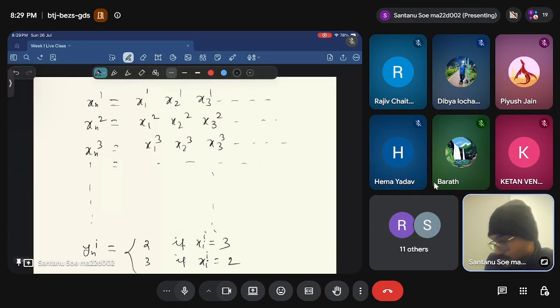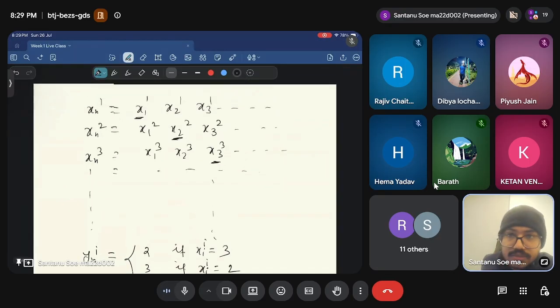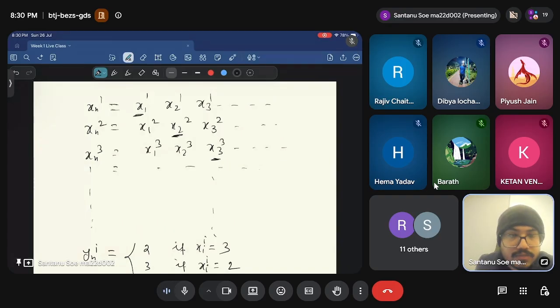So what you are doing is taking the diagonal elements x_1^1, x_2^2, x_3^3, and then forming a sequence. Now how are you forming the sequence? If x_1^1 is 2, then you take 3. If x_1^1 is 3, then you take 2. Similarly you do it for x_2^2: if it is 2, you take 3; if it is 3, you take 2, because all the elements are either 2 or 3. Correct?